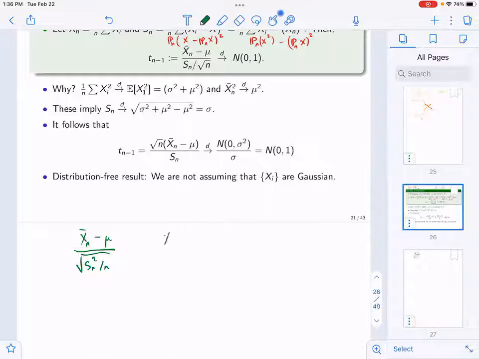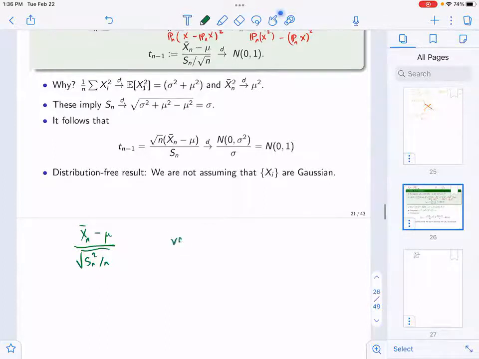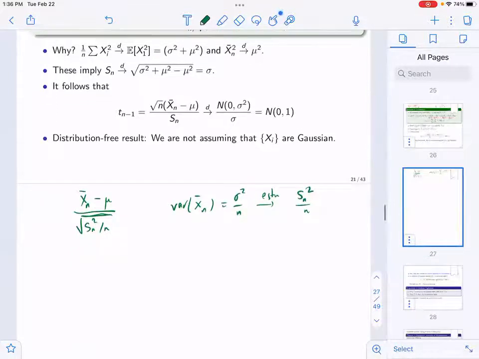The variance of X bar n is sigma squared over n, so the estimate is Sn squared over n. If I remove the mean and divide by the estimated standard deviation of X bar n, we want to see what happens to the distribution of this as n goes to infinity.